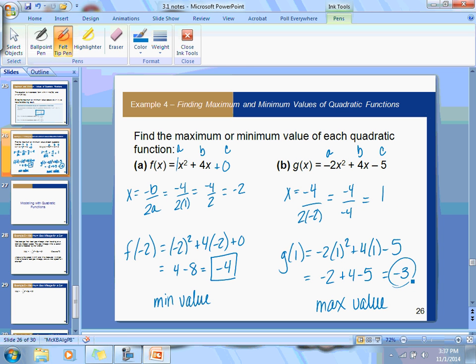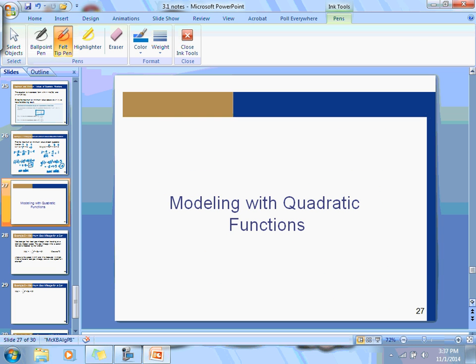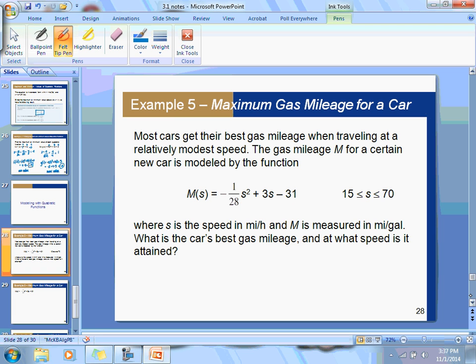So now let's apply this to a word problem. And here we're dealing with gas mileage. Everybody's concerned about this now so that they can save money. It says most cars get their best gas mileage when they're traveling at a relatively modest speed. The gas mileage, M, for a certain new car is modeled by this function.